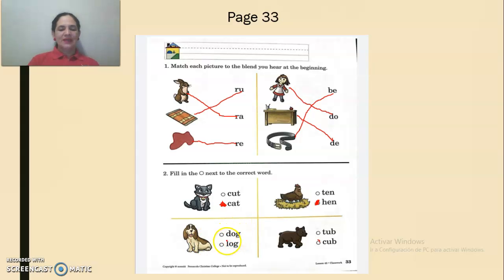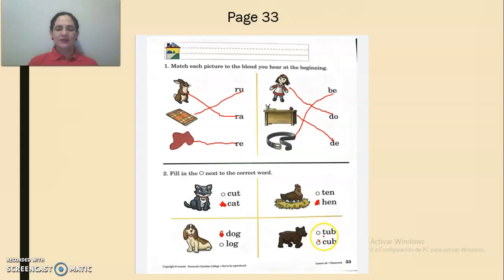Okay, these plants. Dog. One more time. Dog. Log. This is a dog. So, this is the correct word. Yes, dog. Okay. And this is, let me read the blends.